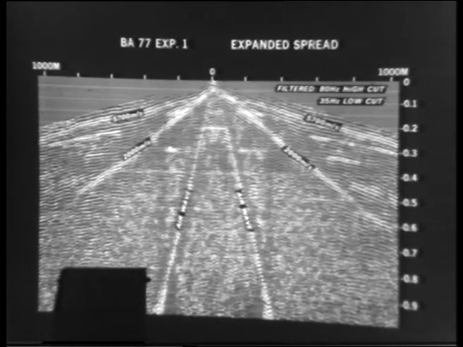They're more pronounced because someone's gone over them with a pencil, but they are there and they're very hard to see. This implies that surface waves are at least 40 dB above any reflections in this area, and so this is a large problem. Notice also the frequencies we're dealing with: 80 hertz high cut, 35 hertz low cut.